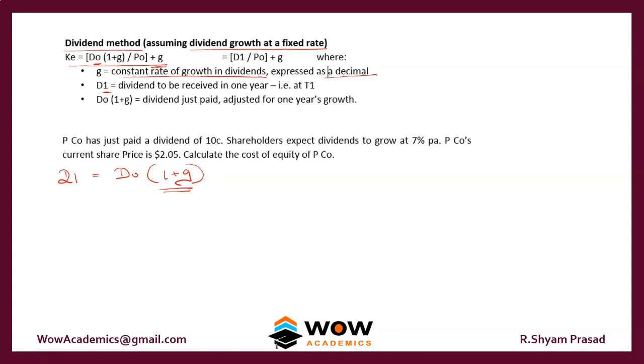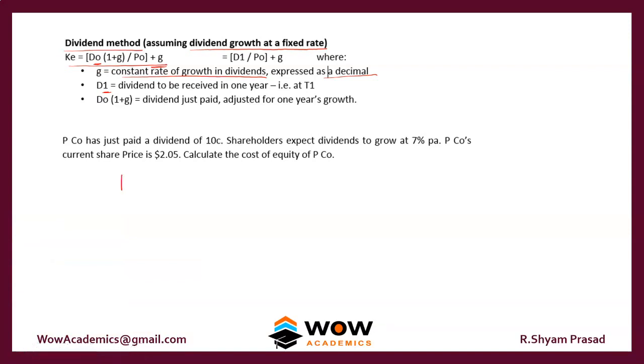So this part of the equation is D1: D0 plus the growth equals the next year's dividend. If you take D1 into 1 plus G, you will get D2, and D2 into 1 plus G will give you D3. We are not bothered about that; this is just for explanation. To do this sum, we just need to apply the numbers here.